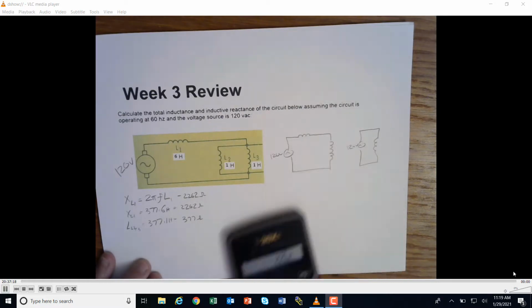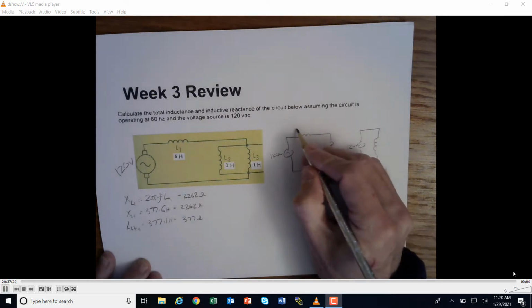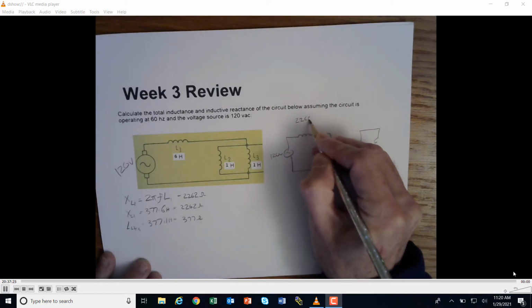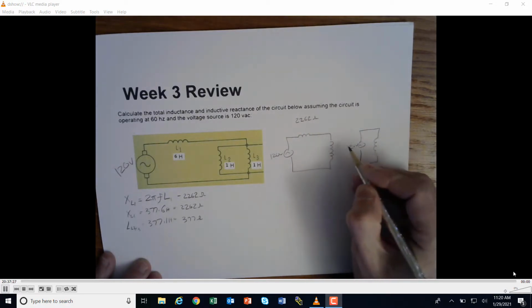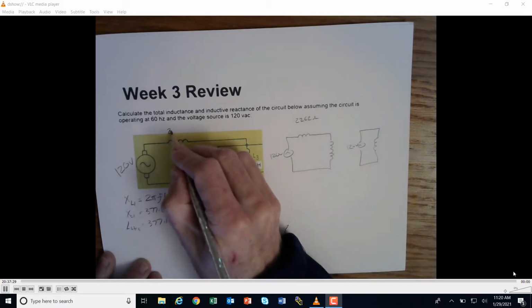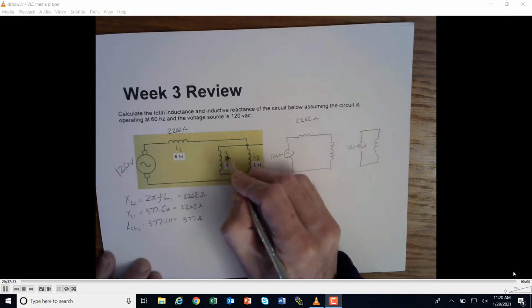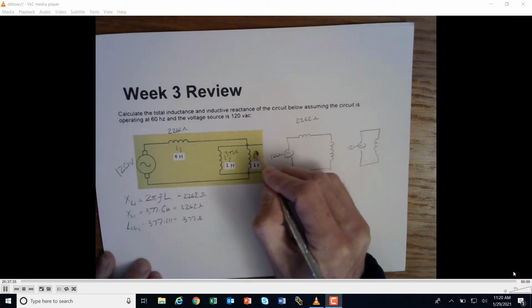Okay, so that's where we're ending up. So we labeled these here. This would be 2262 ohms, and I'll put it here, 2262 ohms. And these ones right here are 377 ohms, and this one right here is the same, 377 ohms.